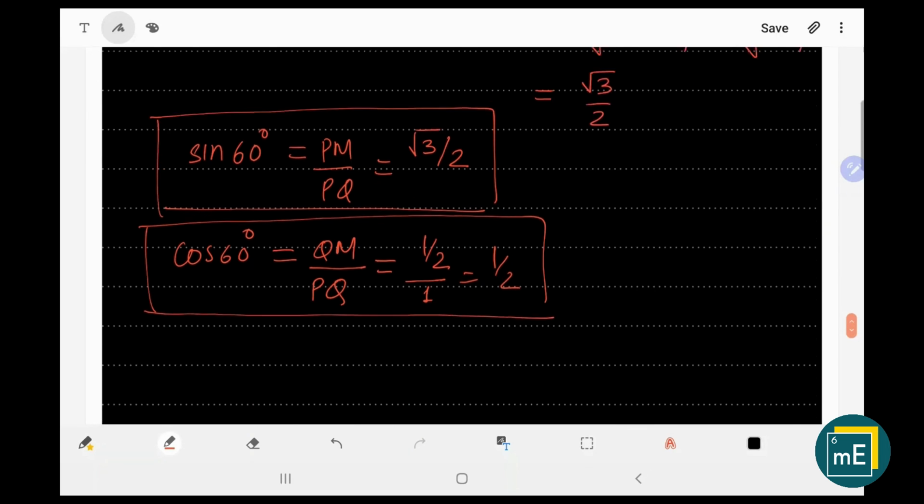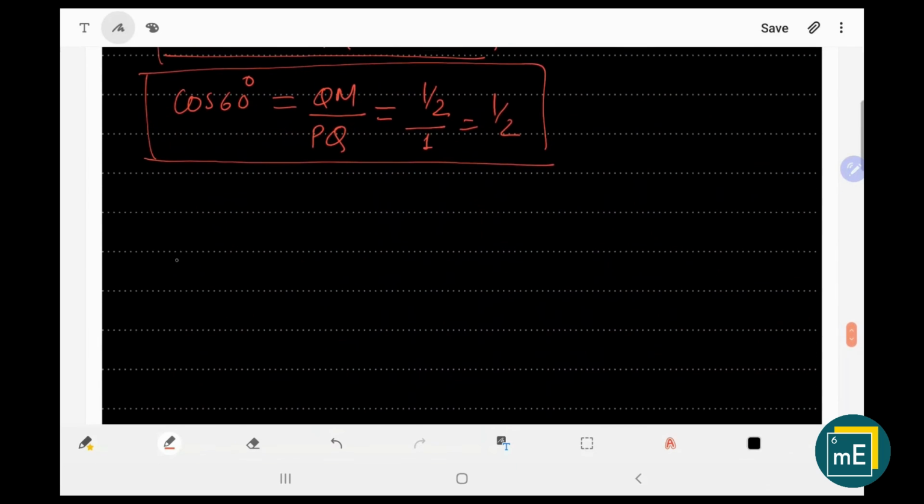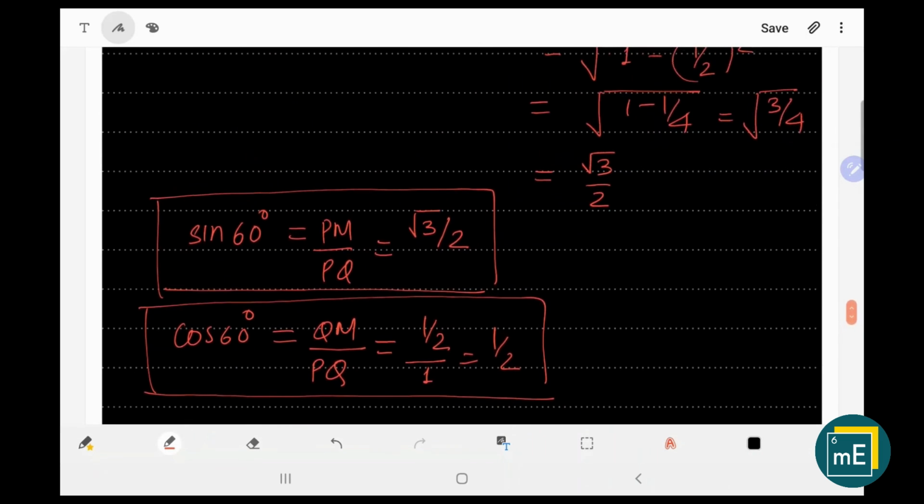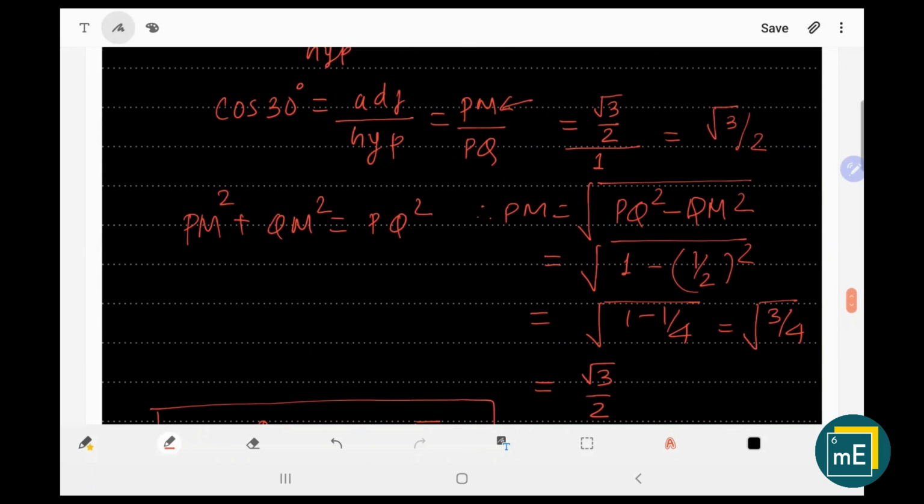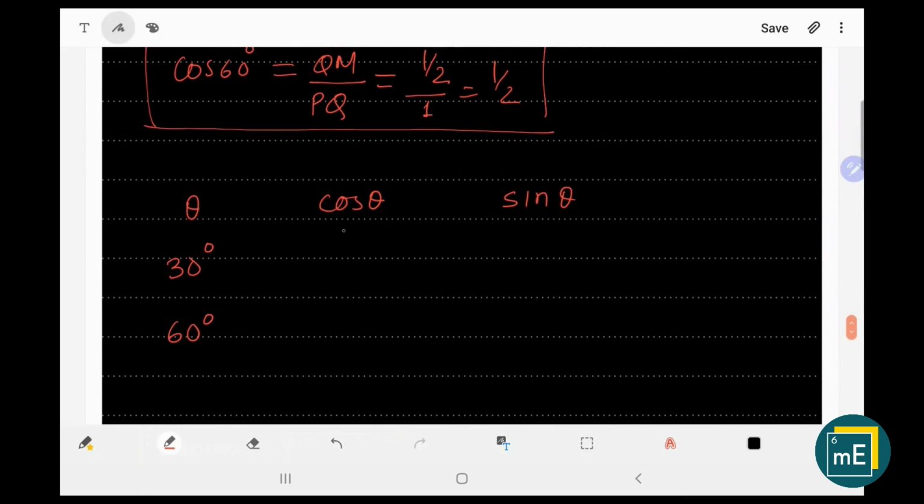So from this exercise we can write down the values of cos theta and sin theta for theta equal to 30 degrees and 60 degrees. Cos theta, for theta equal to 30 degrees, we have calculated as root 3 by 2.